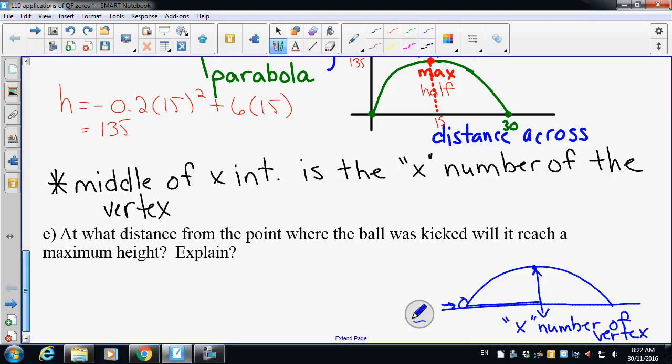So to answer this question, at what distance from the point was the ball kicked will it reach a maximum height? At 15 meters.